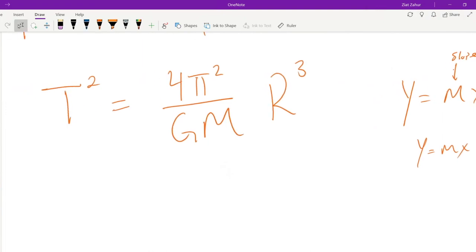So even though our variables are squares and cubes, we can linearize it by changing our axes. So our axes will represent the variables. So here we have y on the left side. So y is essentially T squared now.